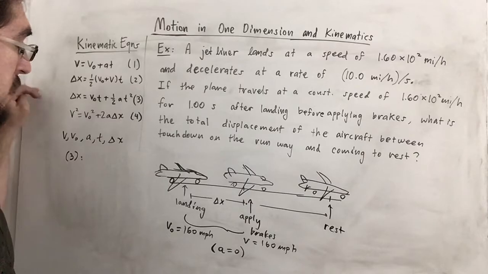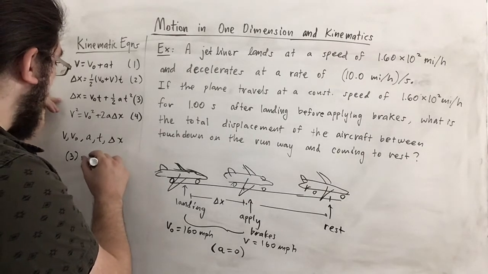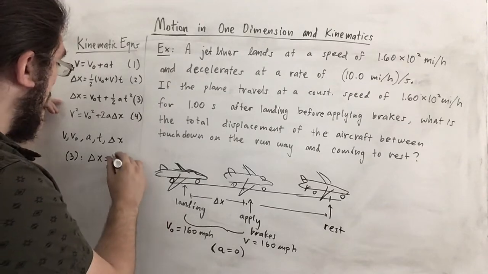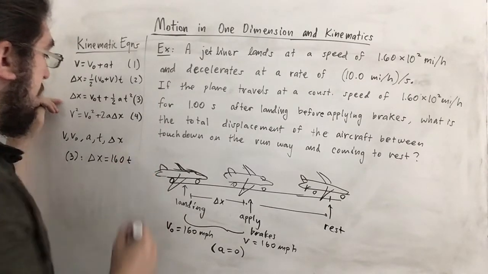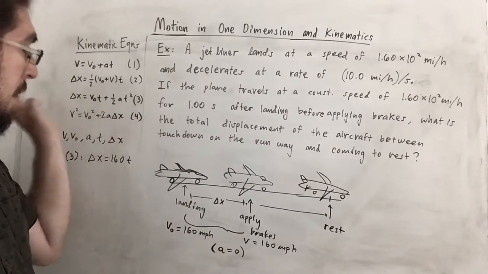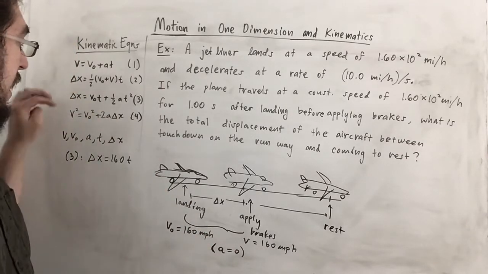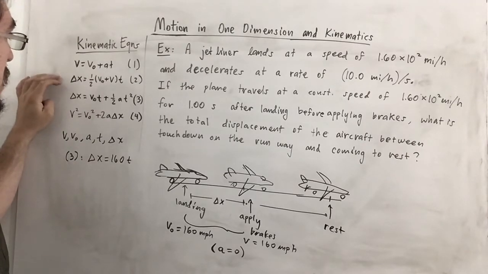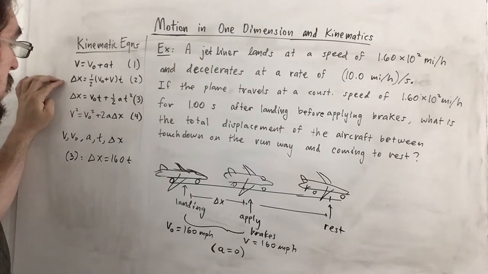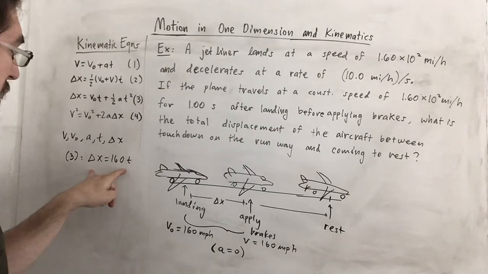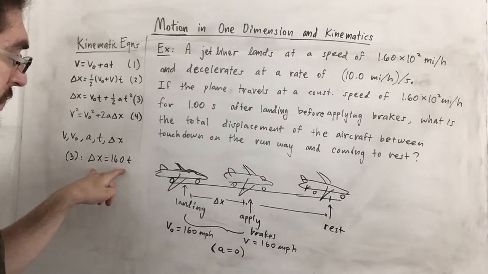Using equation 3, delta x is equal to v naught, which we know is 160, times t, plus 1/2 a t squared, but since a is 0, that part goes away. Combined with equation 2, it will actually give us the same thing. So we know delta x and t are one and the same.